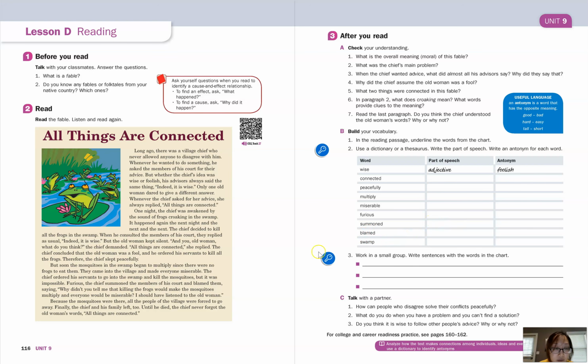And then blamed, we could see here, the king blamed, or the chief blamed the members of his court. So blamed is also a past tense verb. And we might use the word excuse for an opposite meaning.